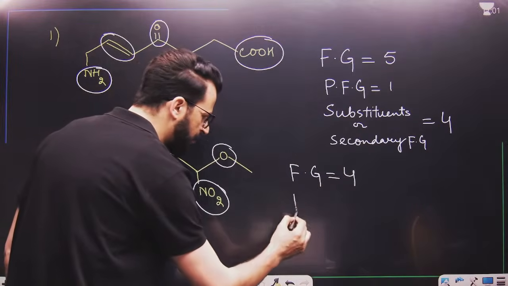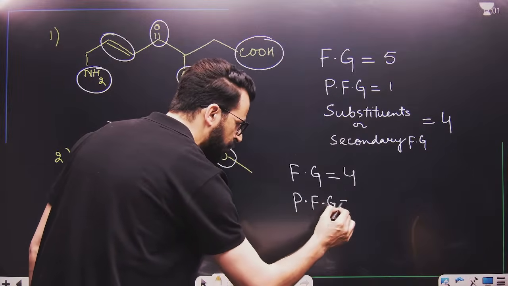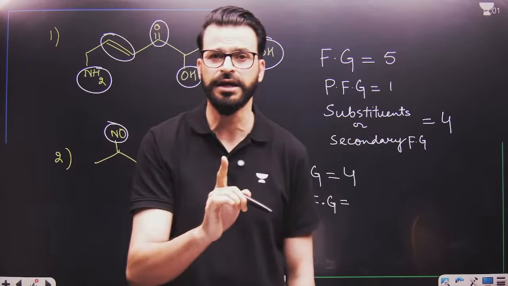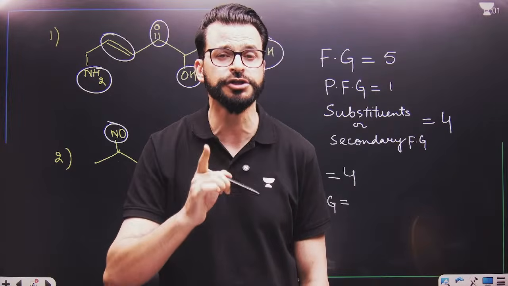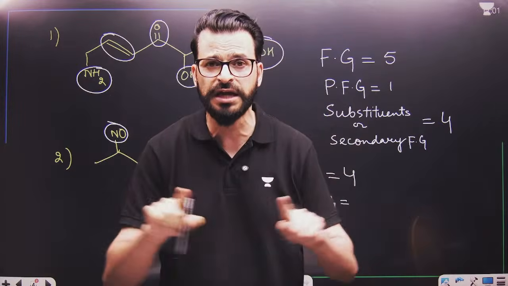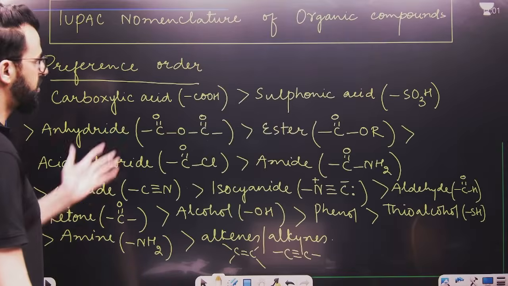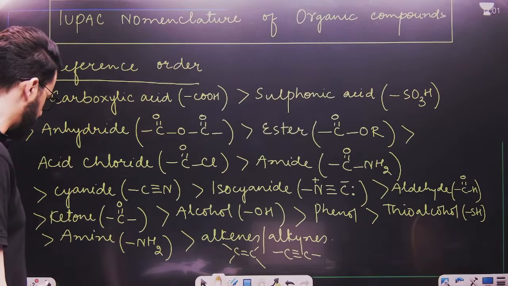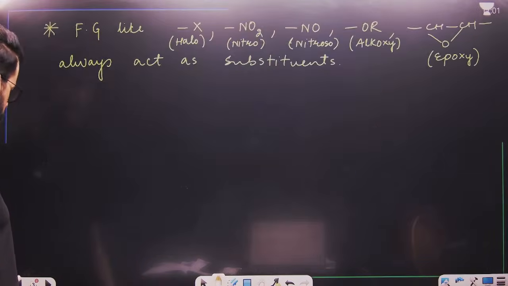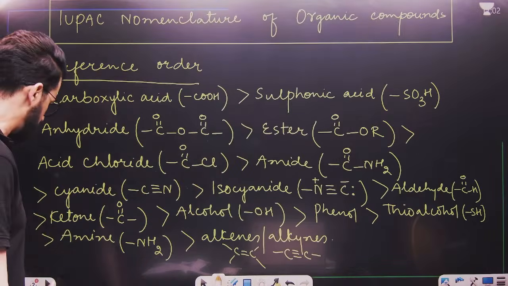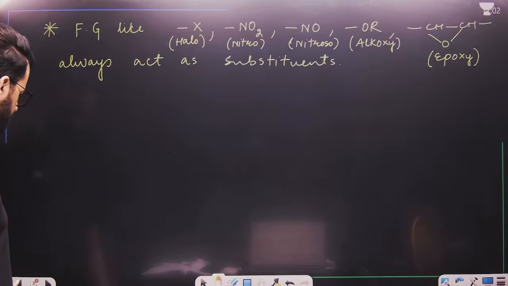Now tell me, my dear lovely students, how many principal functional groups are there? Let me once again tell you, the principal functional group will be only that functional group which comes first in that preference order. Is there any ether in this? Answer is no. Is there any nitro, nitroso or halogen in this?